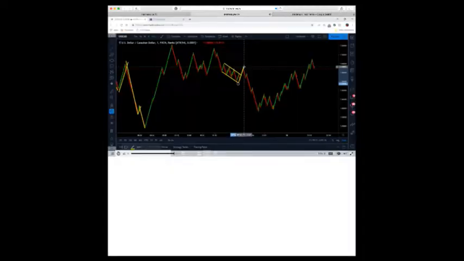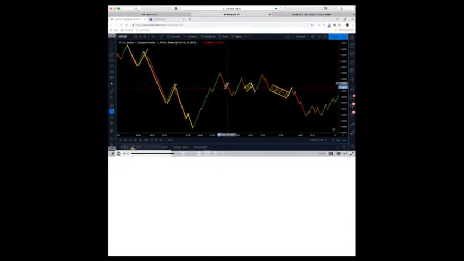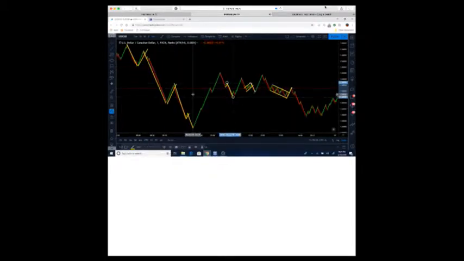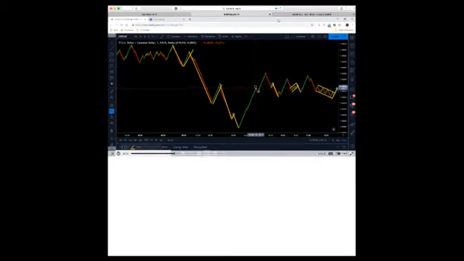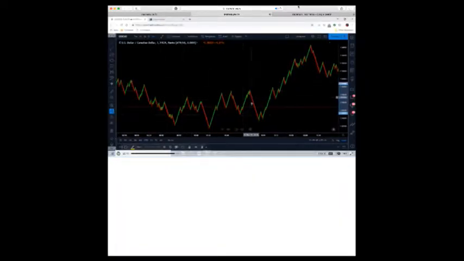Boom. All of those things, guys. Flags. Right there. Look at those clean moves up. Correction, continuation. That's the beauty with Renkos. Everything has much more clarity.